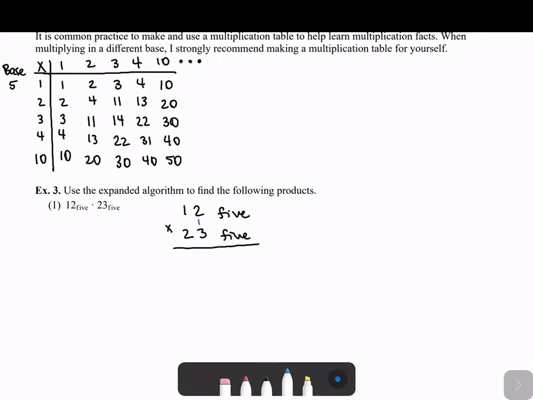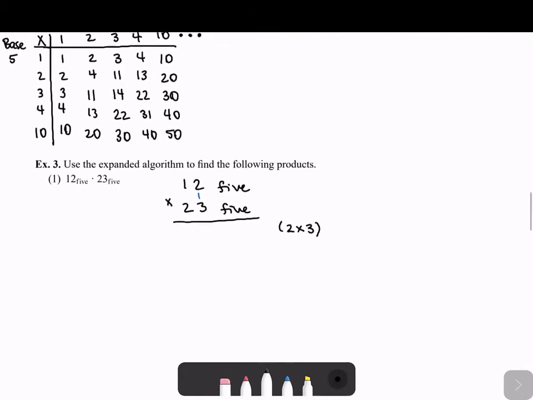So the first thing I'm going to do is 2 units by 3 units. So 2 units times 3 units is going to give us 6 units, which we regroup into 1 flat and 1 unit.